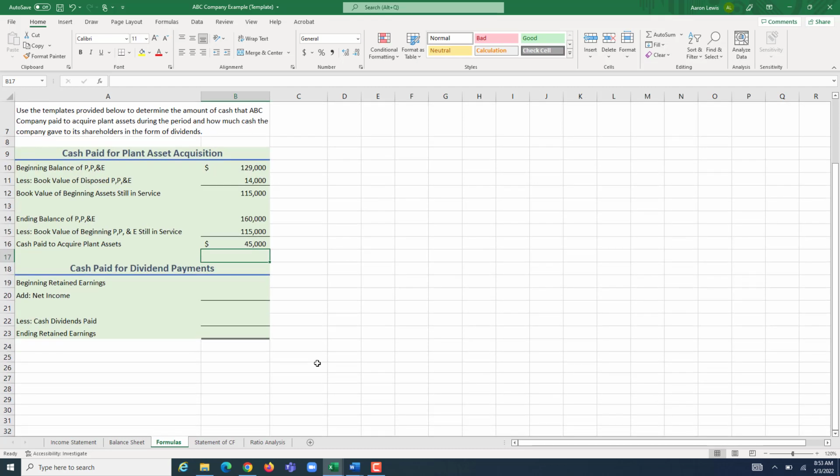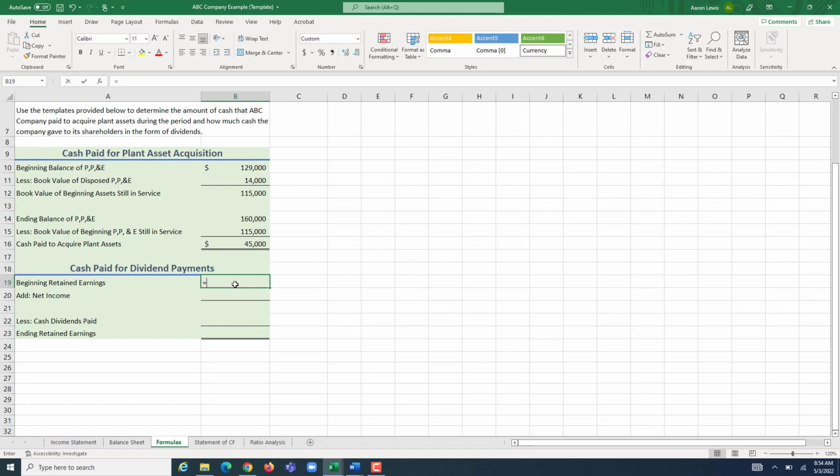To figure out what you paid in dividends, you basically just redo a statement of retained earnings, which we're going to do here. The statement of retained earnings always has the same setup. It's your beginning retained earnings plus your additions, which would be net income, minus your subtractions, which would be dividends, gives you your ending retained earnings. Well, we have this information if we look at our comparative balance sheet. Again, retained earnings is an equity account.